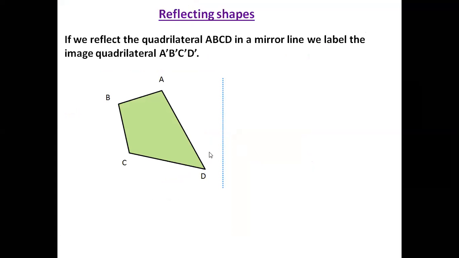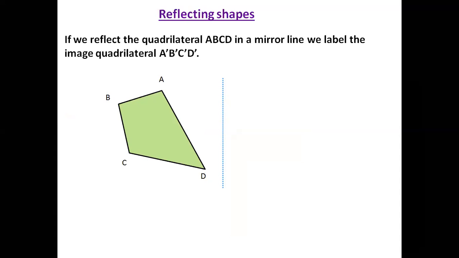Now, how do we do the reflection? Look at this. If we reflect the quadrilateral ABCD in this mirror line, sometimes they tell you in the question to label your whole shape after reflection by a letter.